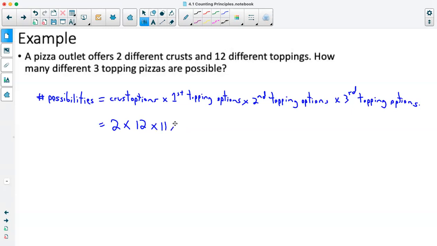Now we've already chosen 2 things, so that's going to leave us 10 to choose from for our third topping. So we have 2 times 12 times 11 times 10. And we find that we can make a total of 2,680, or sorry, that should be 240 different pizzas.